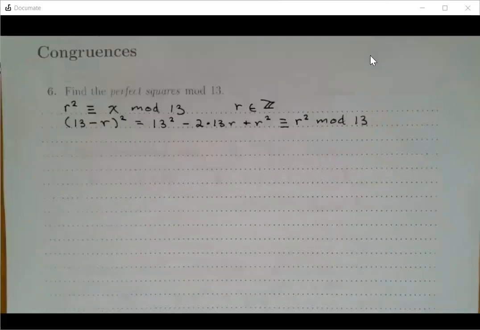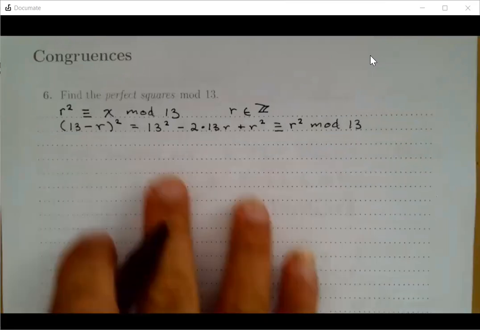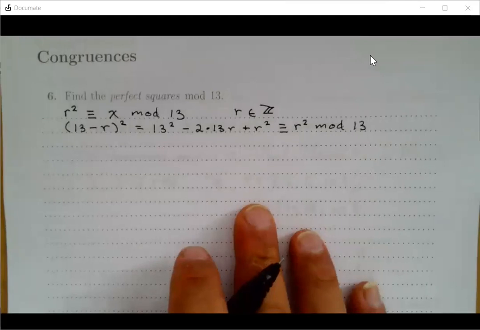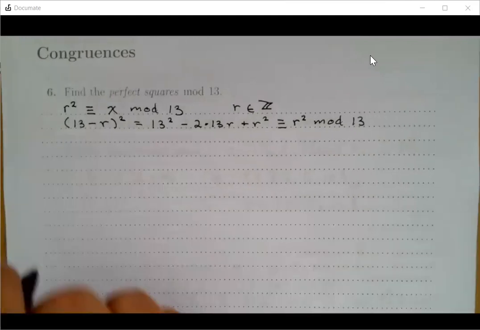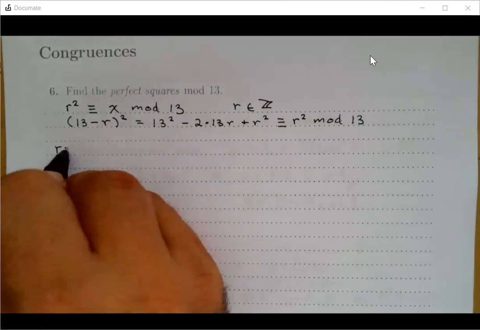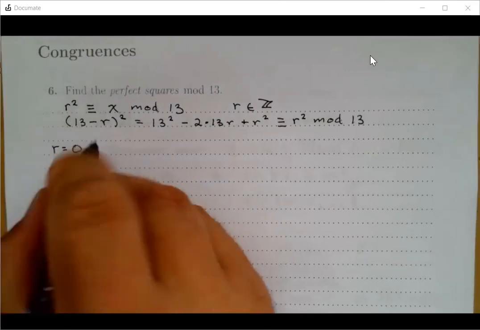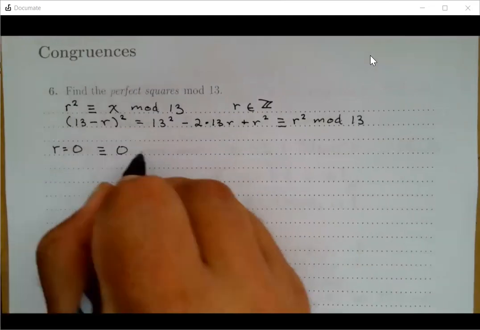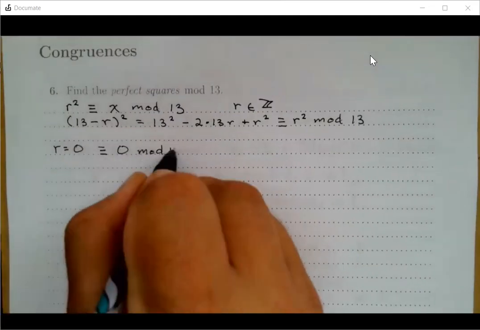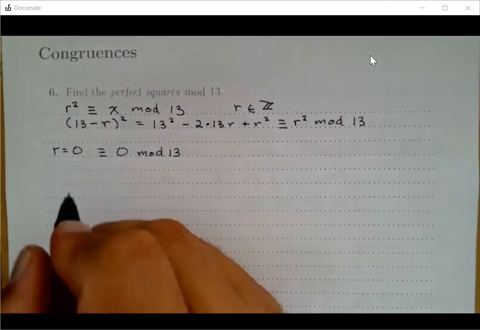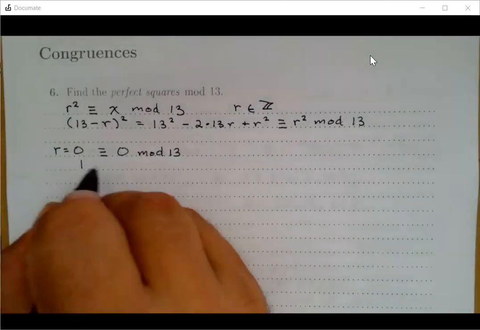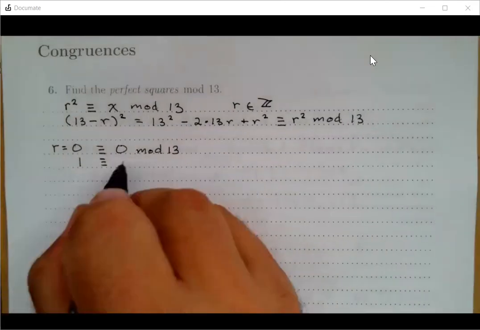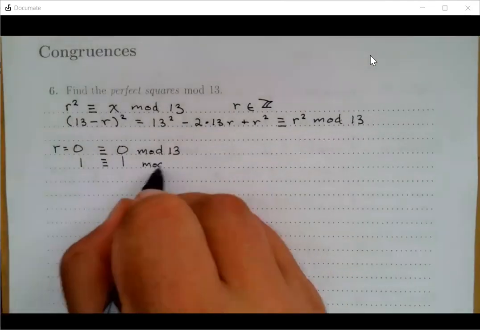So this may be best done by exhaustion. What do we mean by exhaustion? Well, what if r is equal to 0? Then r squared is equivalent to 0 mod 13. If r is equal to 1, that's equivalent to 1 mod 13.